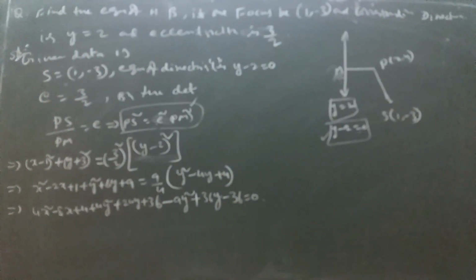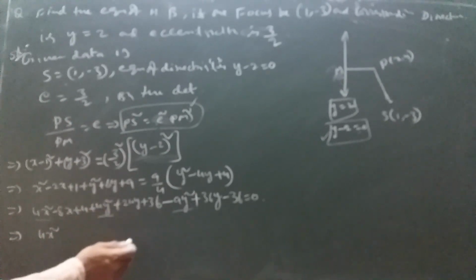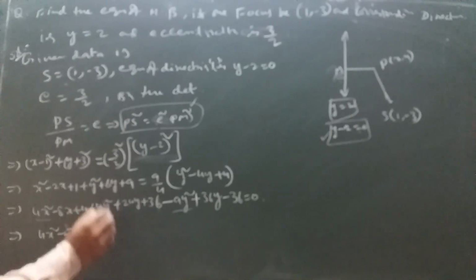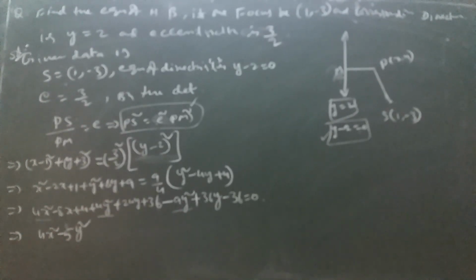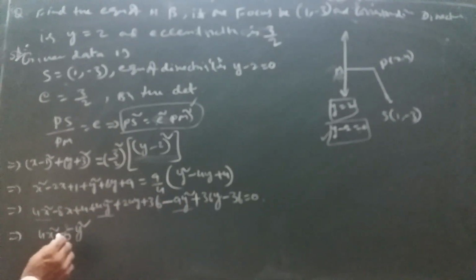On simplifying we get the equation: 4x square, then 4y square minus 9y square, that means minus 5y square. Next, minus 8x, only one x term.